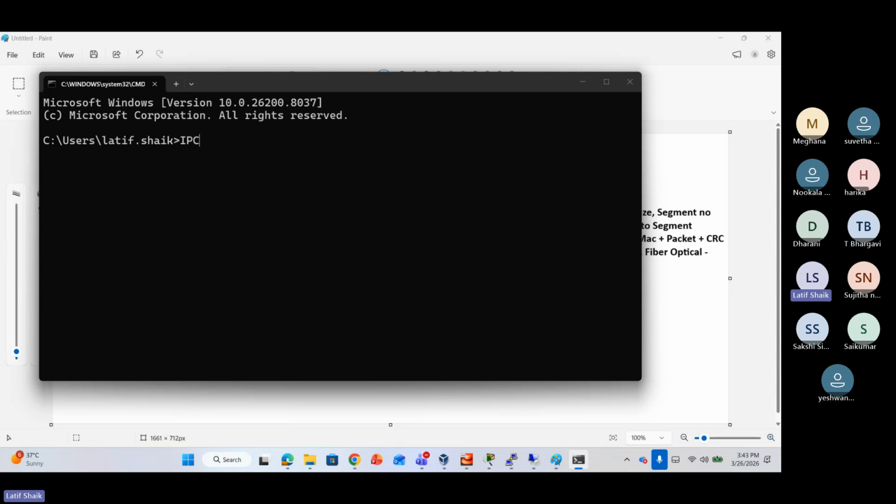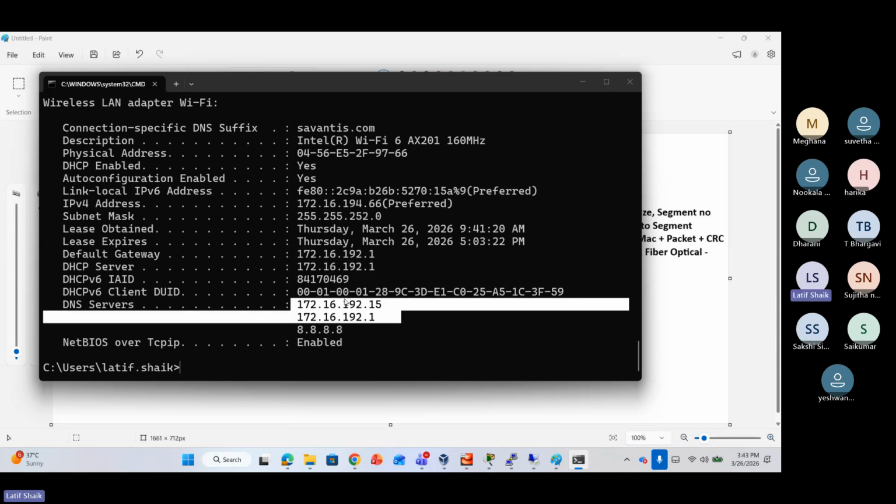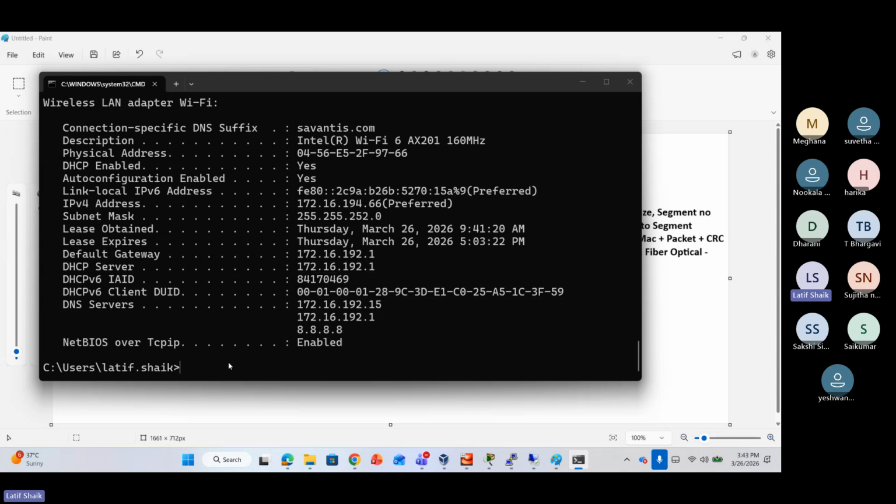First, check your ipconfig /all so that you will get complete information. So this is your IP address, subnet mask, default gateway, DNS server address, and DHCP server address. Now you want to check whether you are able to communicate to this specific device or not.